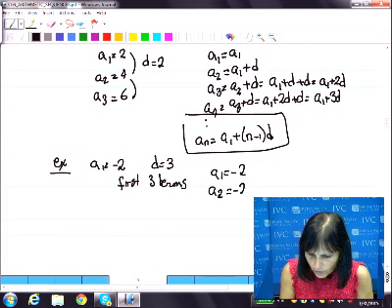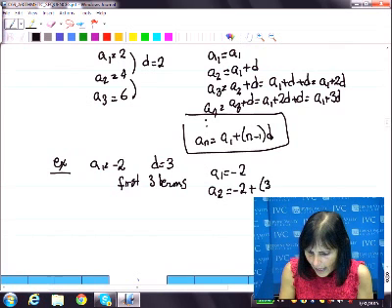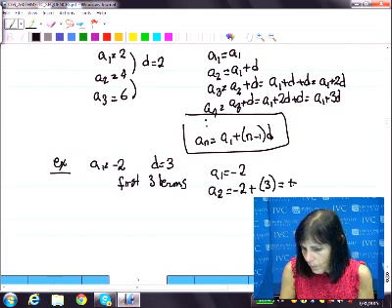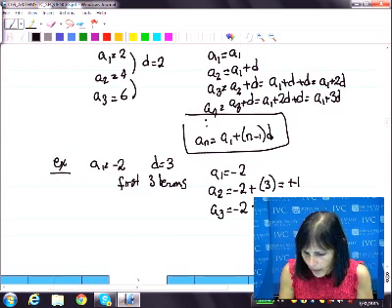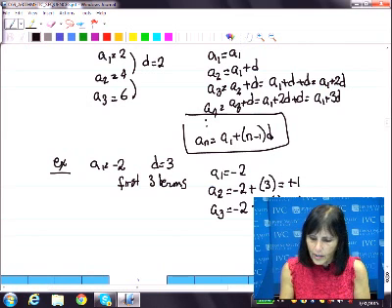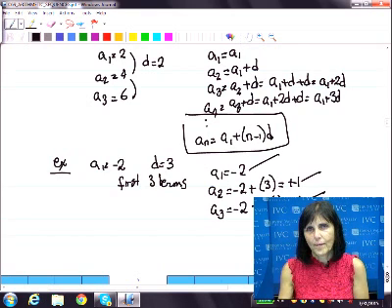It's going to be negative 2 plus, you're going to add a 3 to it. So that's going to be plus 1. What is the next one? It's going to be negative 2 plus 2 times 3. What is that? That's going to be 4. So you have negative 2, 1, 4. You can see what the next one is. 7 and 10 and so forth.